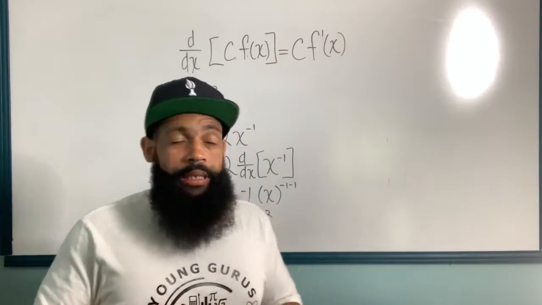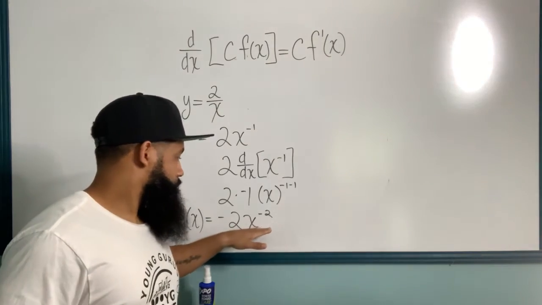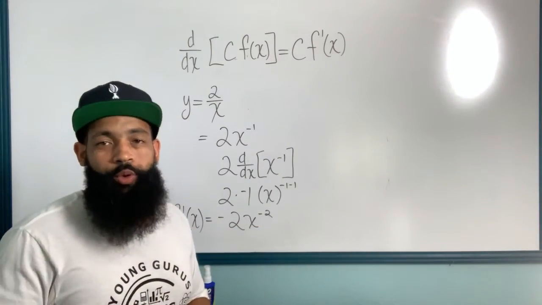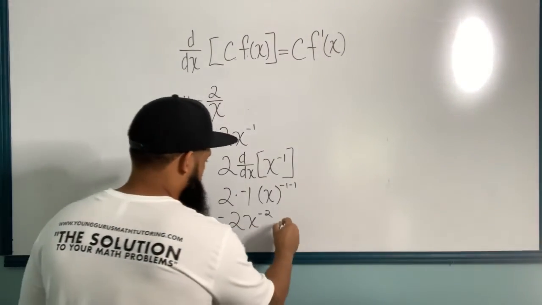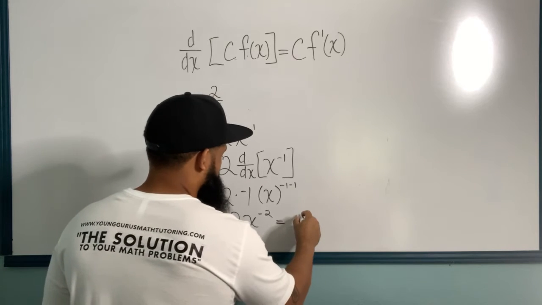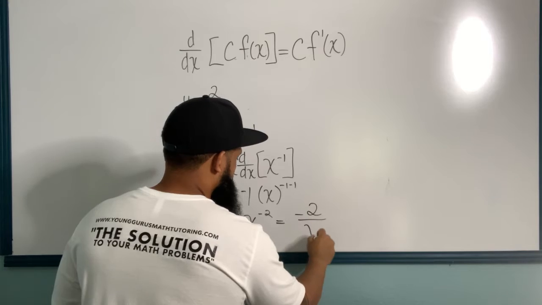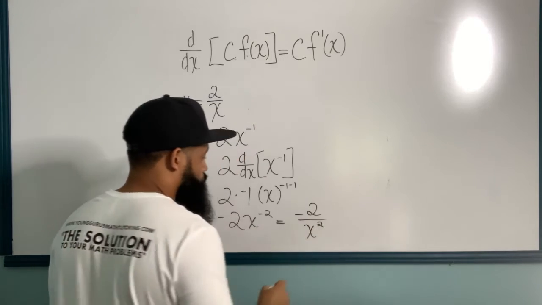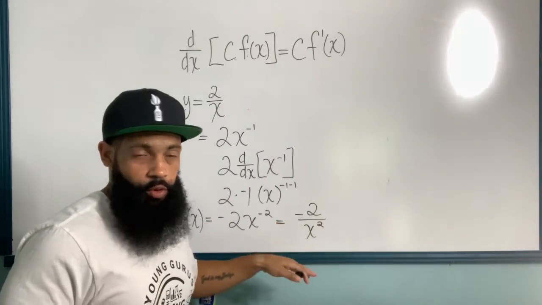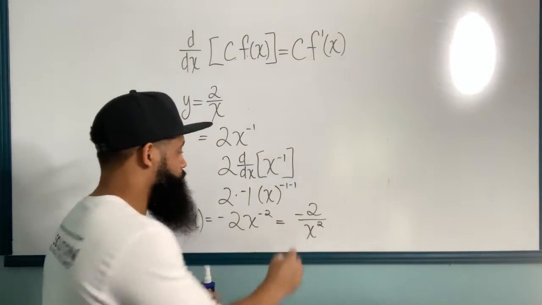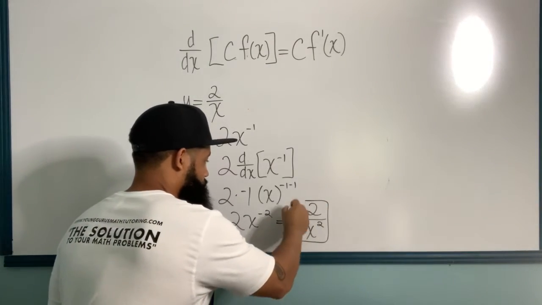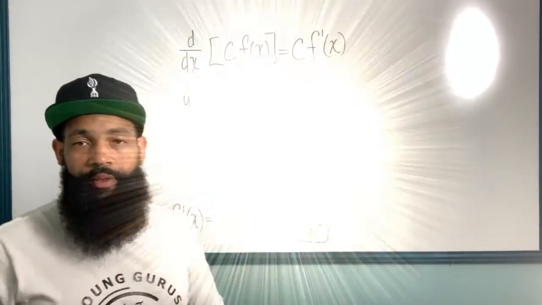Now we know this is equivalent, but one of the things we want to do is get that back into the original form. So I'm going to say negative 2 over x squared. I want to put it back in this form. So they're both the same, but I want to put it back in this form. So that's going to be that derivative.